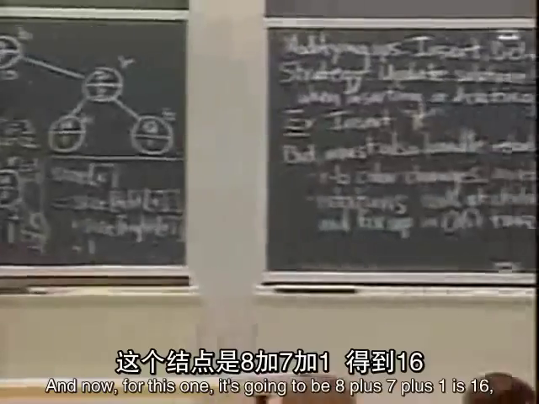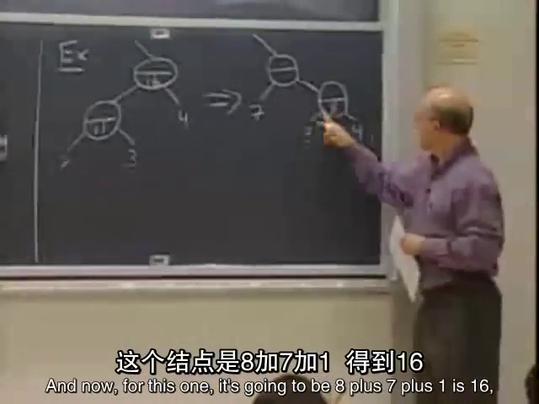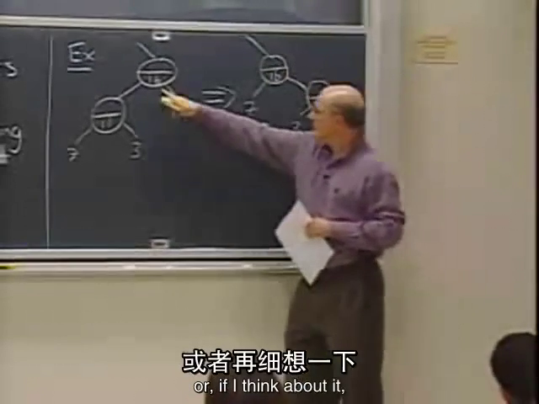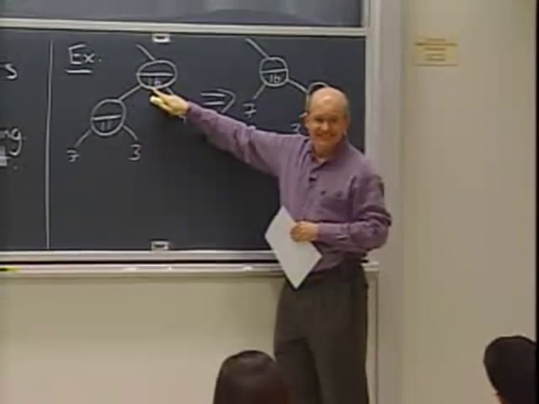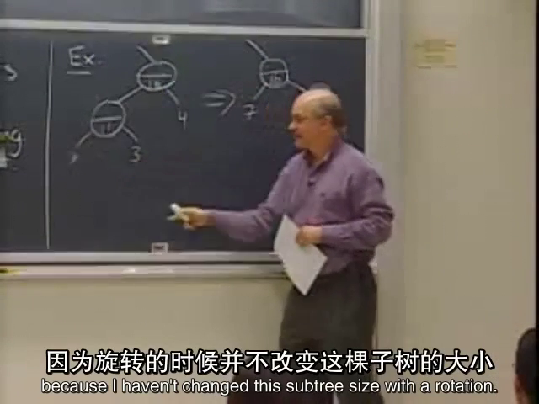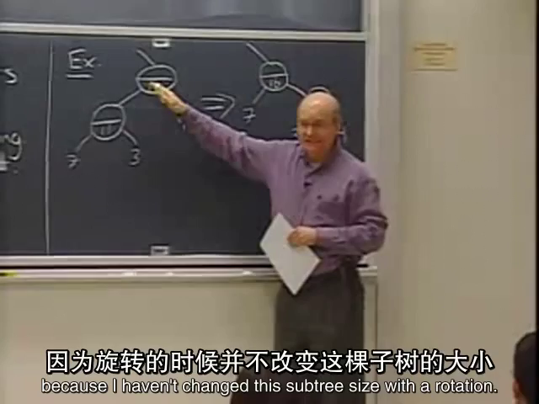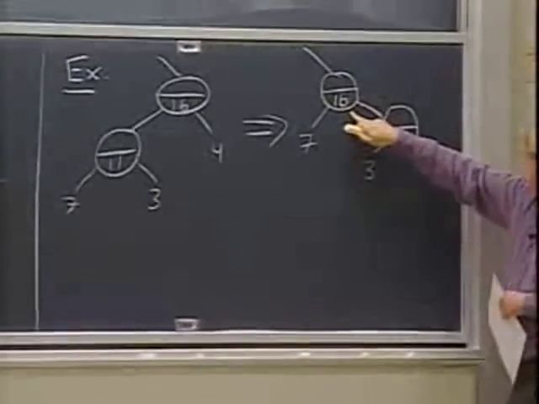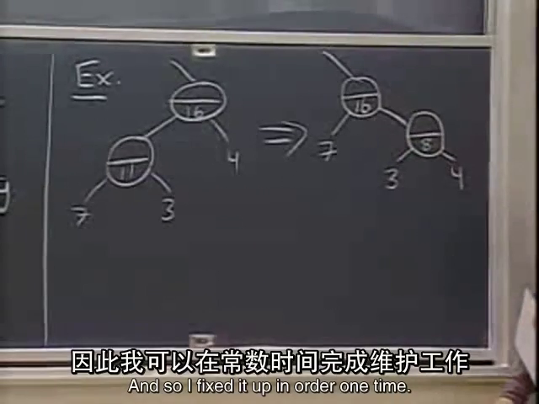And now for this one, it's going to be 8 plus 7 plus 1, which is 16, or whatever that was before, because I haven't changed the subtree size with a rotation. Everything beneath this edge is still beneath this edge. And so I fixed it up in order 1 time.